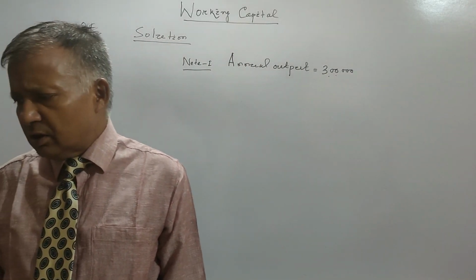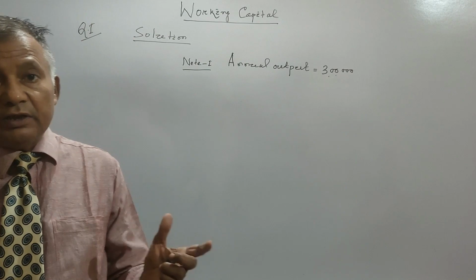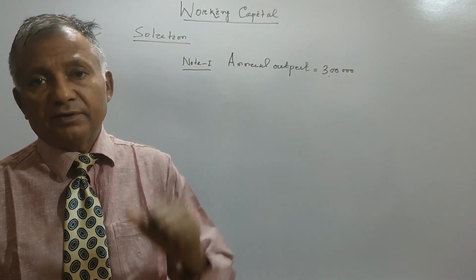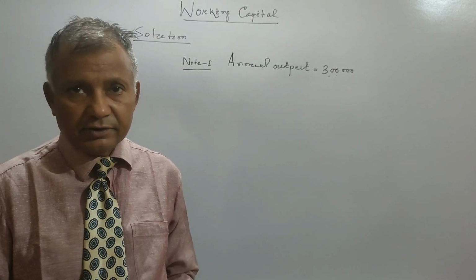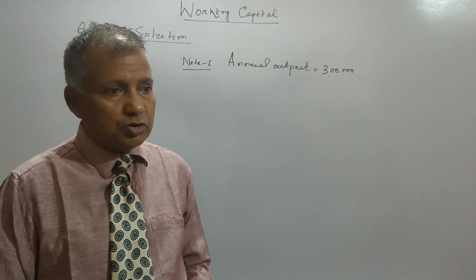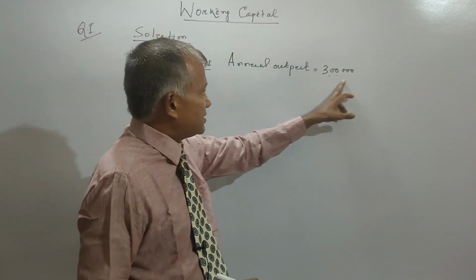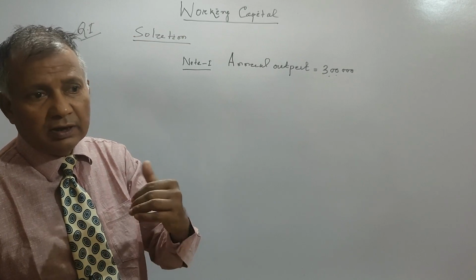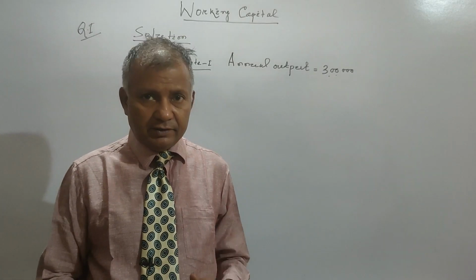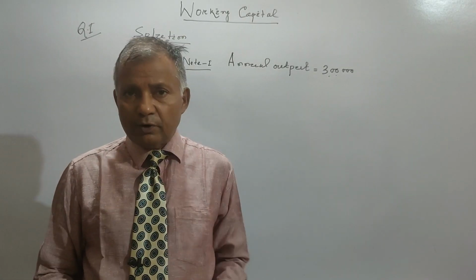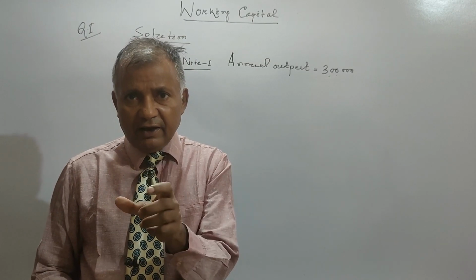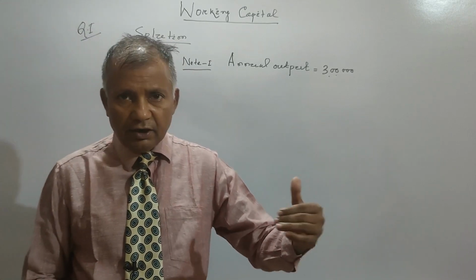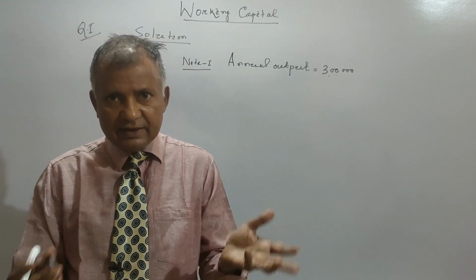If you read the question, you will see the raw material stock, work in progress, all these things are maintained on the basis of months' requirement, right? So we will divide this 3 lakh by 12 so that we find out the monthly requirement. Sometimes in the problem they give finished goods 4 weeks, debtors 6 weeks, like that.